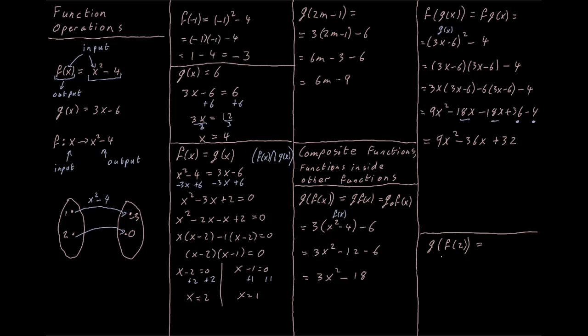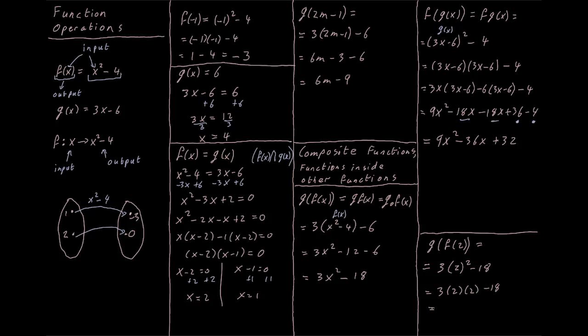So what would g of f of 2 mean? Well, you'd get g of f of x, which we already did. It's 3x squared minus 18. And then we'd say, what happens when x is 2? Well, we've already done this part of it, so we can just sub in. The x squared is going to be 2 squared, so you end up with 3 by 2 by 2 minus 18.